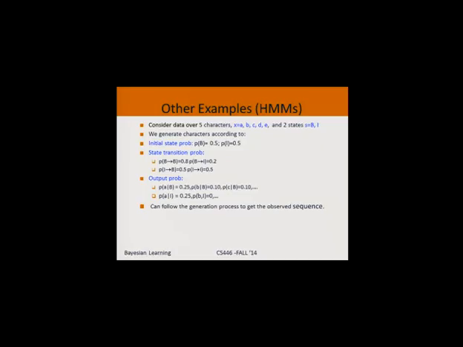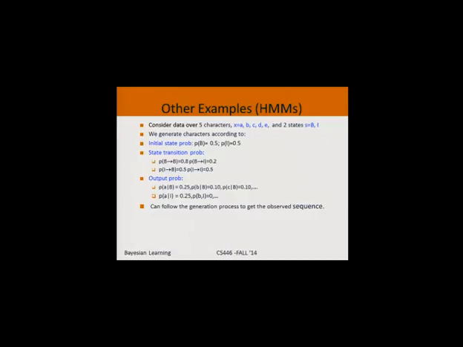So assume that you have some sequence, and the sequence consists of 5 characters. And each character could either be the beginning of an interesting event, or it could be inside an interesting event, right?